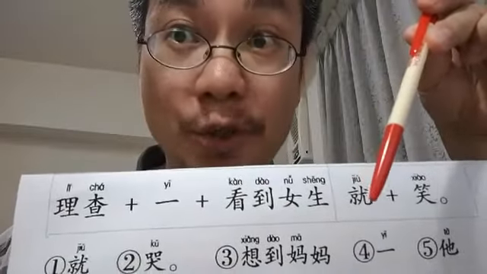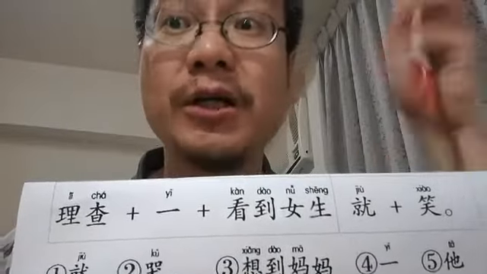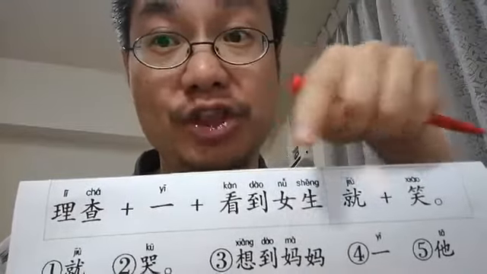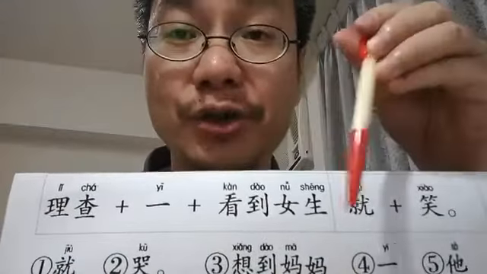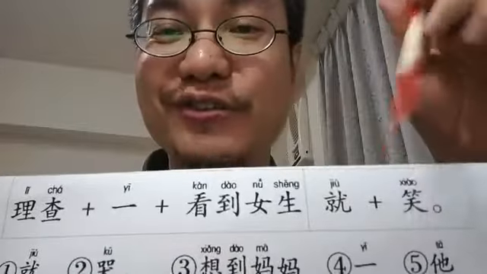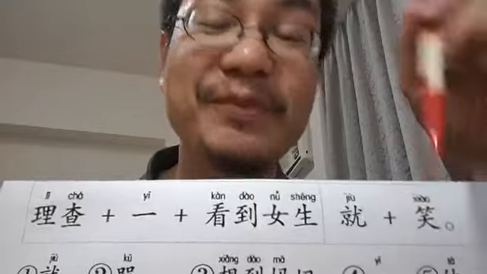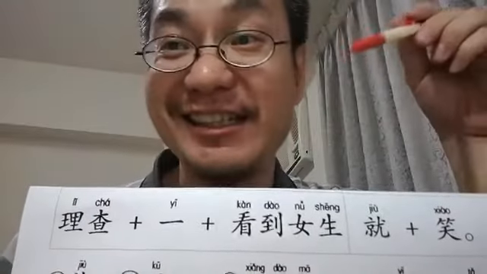Then we use 就 plus verb 2. Verb 2 is 笑, smile. So read the sentence again.